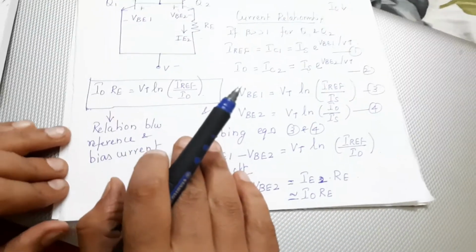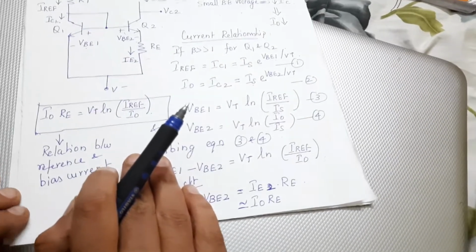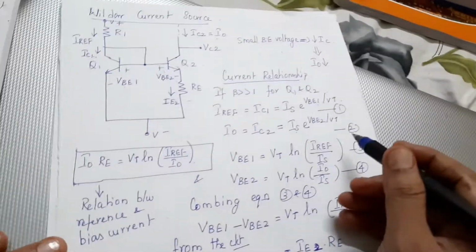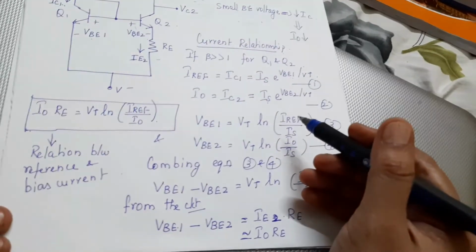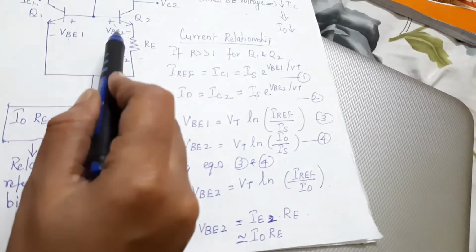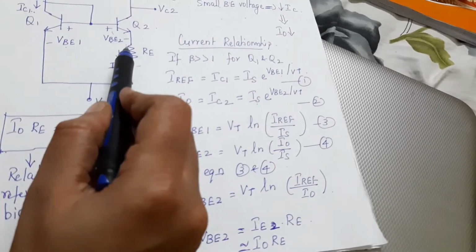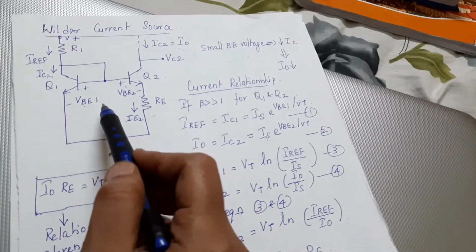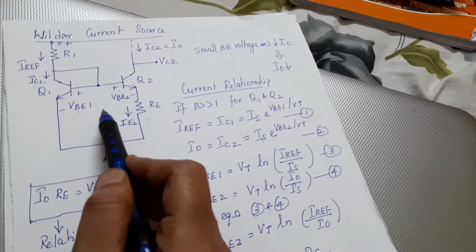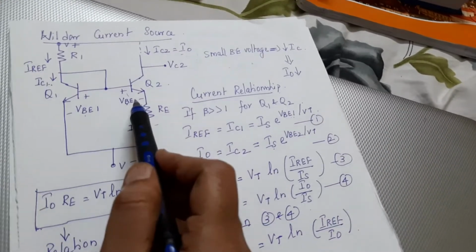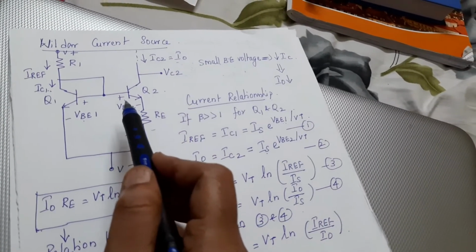So we have to note some important points under this Widlar current source. So far in the analysis of the constant current source circuit, we have assumed a linear approximation for the base emitter voltage. However, in Widlar and other current source circuits, the linear approximation is not adequate since the base emitter voltages are not all equal.